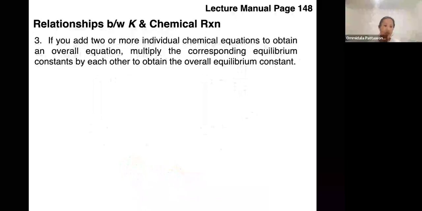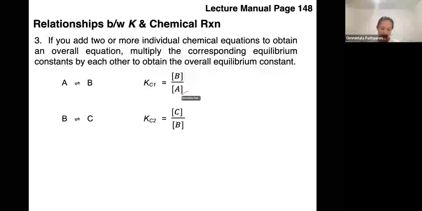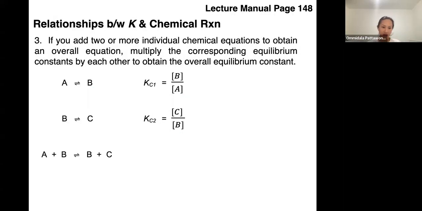Third, if you add two or more individual chemical equations, what would happen? Let's say I have A to B and B to C, and these have different Kc for each reaction. If I add these two together, A plus B goes to B plus C, what do we do to Kc?